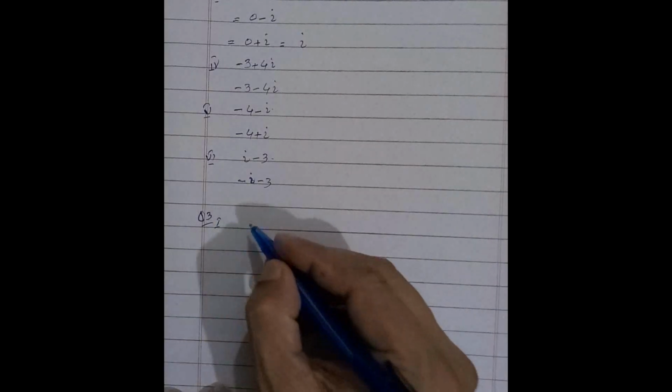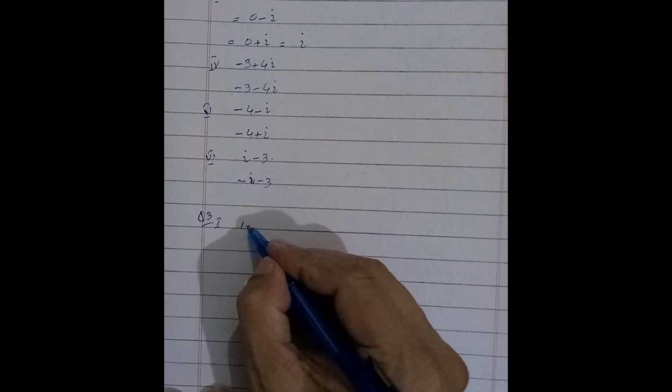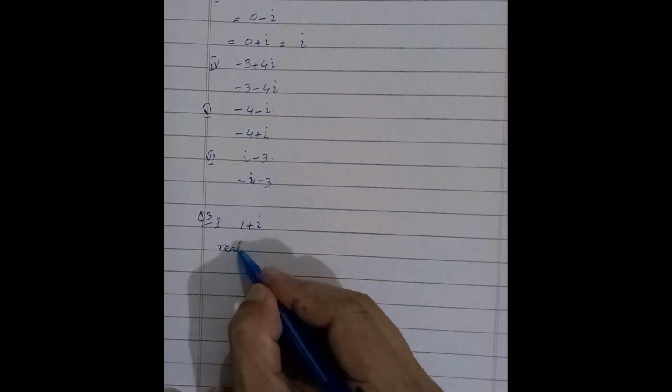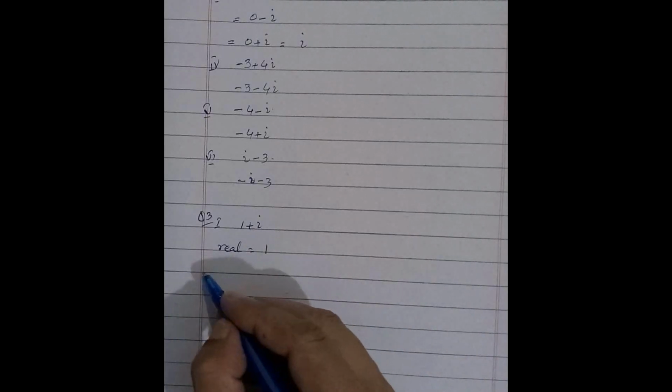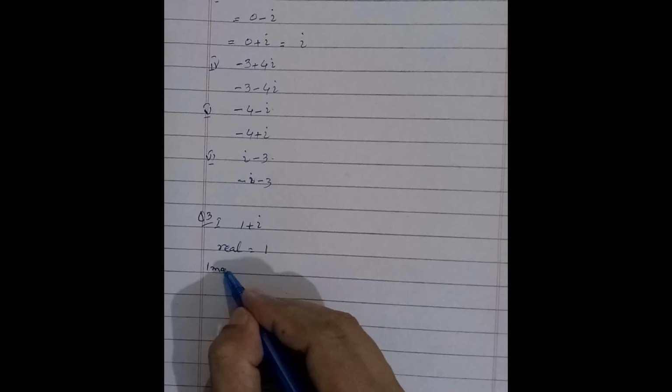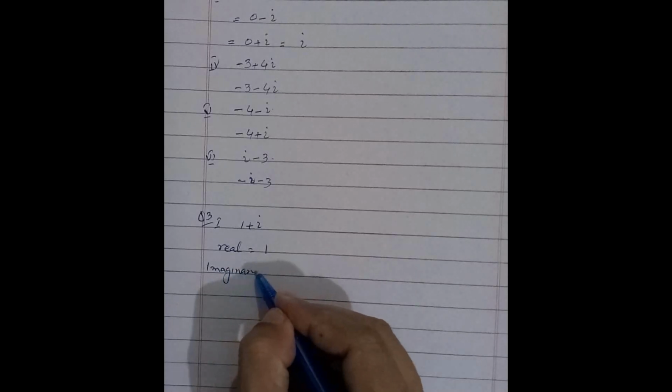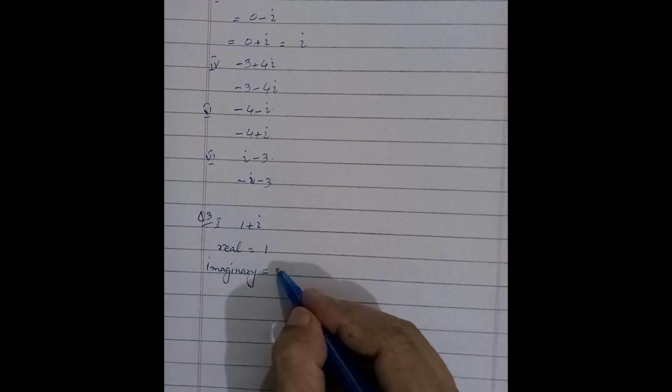Now we separate the real and imaginary parts of the number. So the part 1 is 1 plus iota. The real part is 1, and the imaginary part is iota.